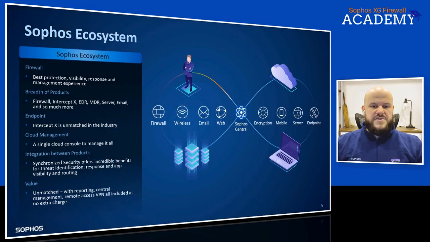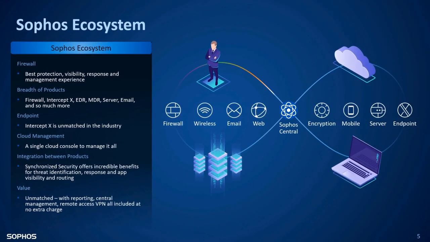Let's break this down to what's important about an IT security solution and what makes us good or better. First of all, it starts with a great firewall, which is the heart of the network and an enabler for everything else really. An XG Firewall offers a very compelling solution for customers.